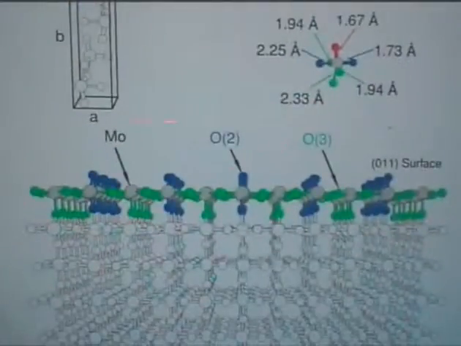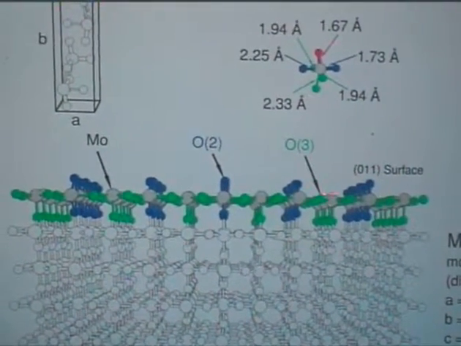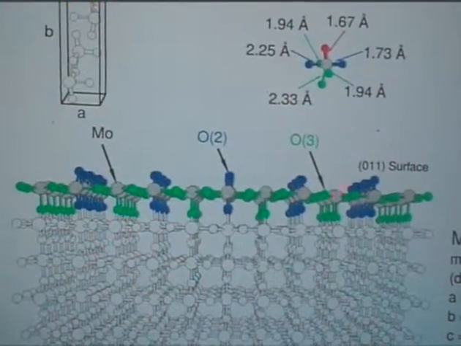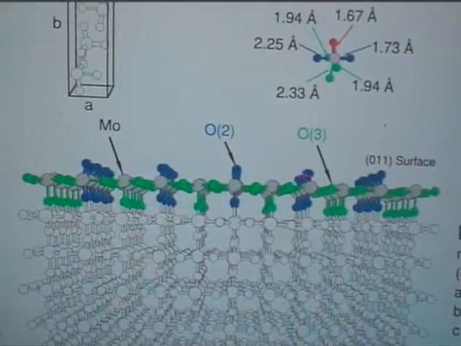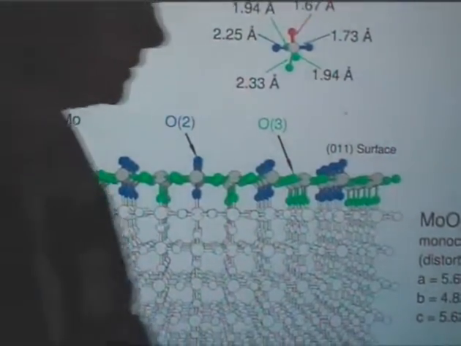In addition, in the case of molybdenum dioxide, when we cut the surface, we can meet molybdenum that is fivefold coordinated, and we still have molybdenum which has the coordination number equal to 6.